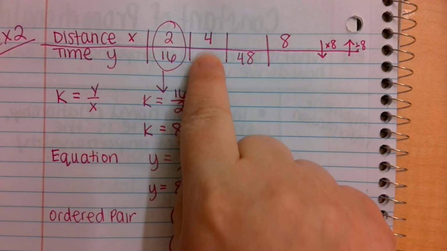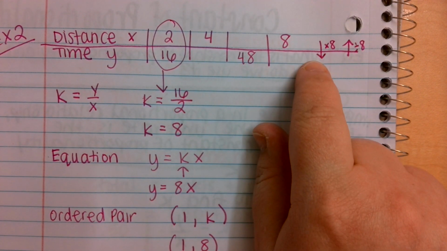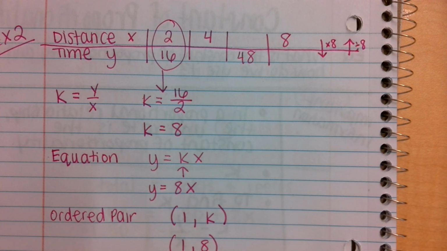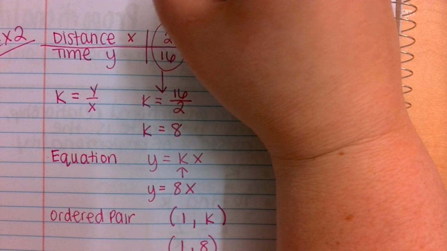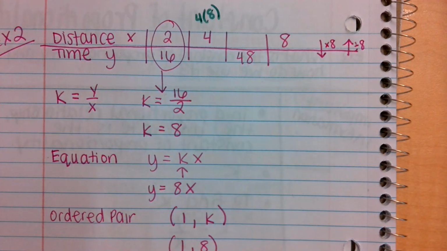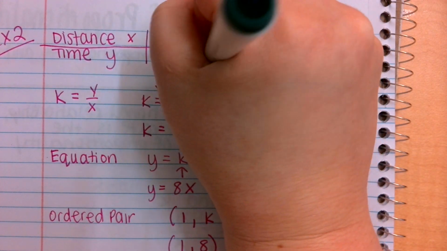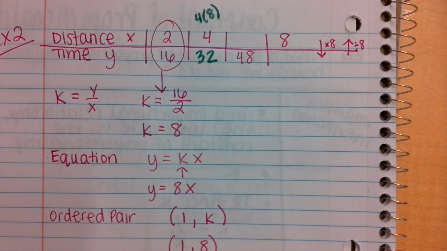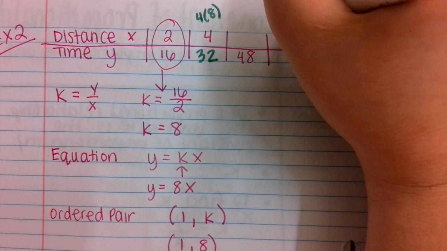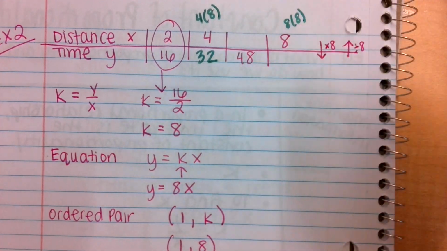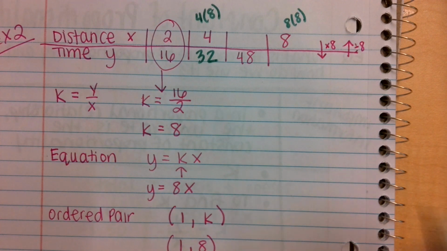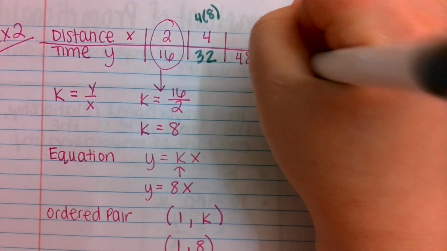So here, 4, I'm missing the y, I'm going down, so I'm going to multiply by 8. 4 times 8 is 32. All right, another one going down, 8. So I'm going to do 8 times 8. 8 times 8 is 64.